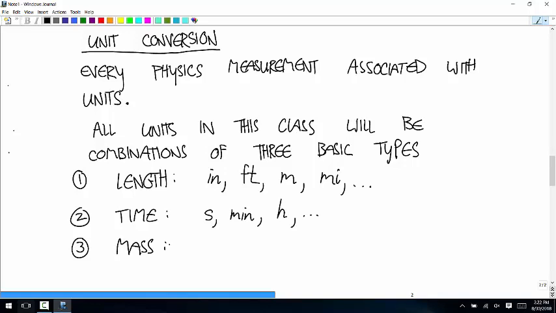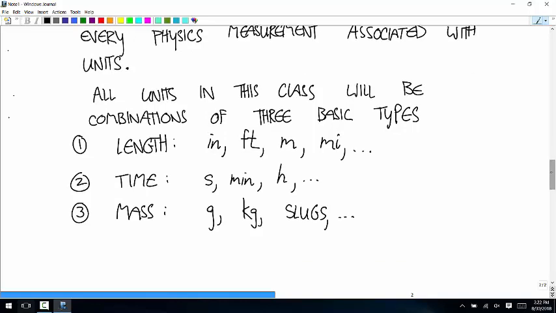Examples of that are grams, kilograms, the imperial unit slugs. It's harder for me to think of good examples for mass. And the ones that are going to be most important for us for doing calculations are meters, seconds, and kilograms.